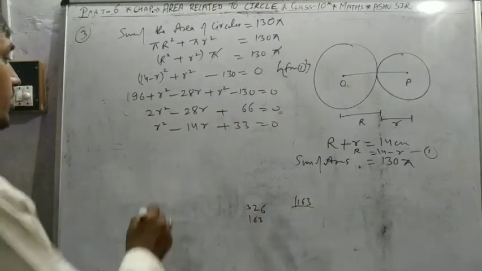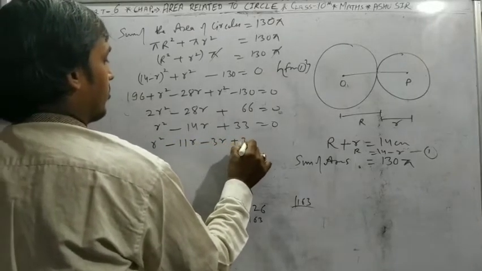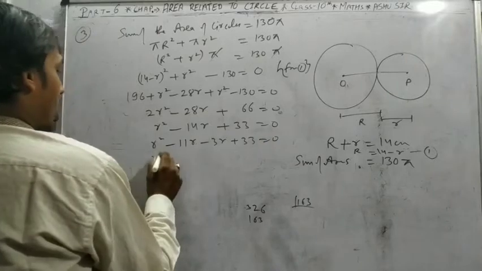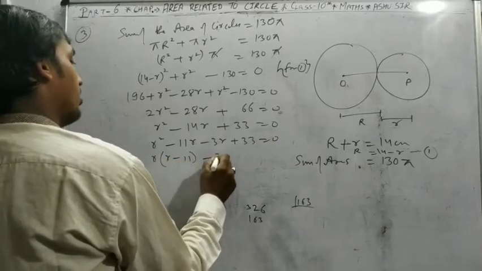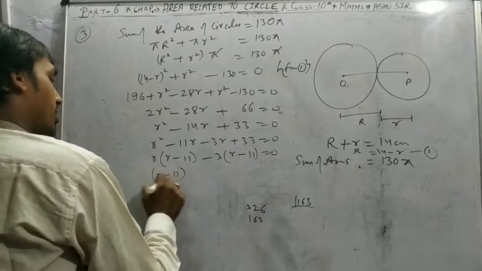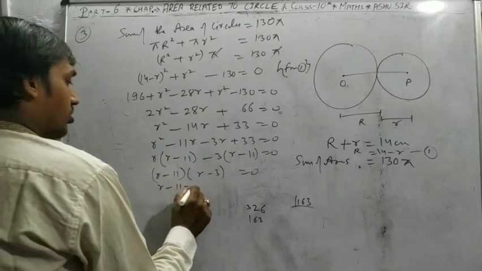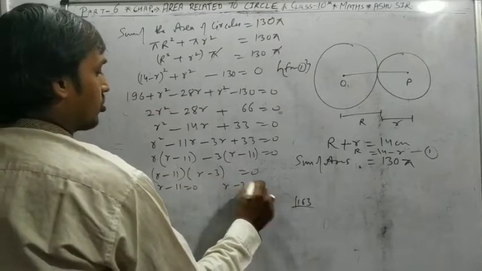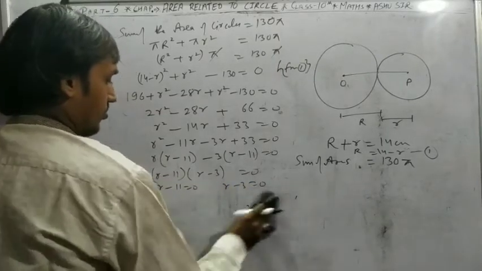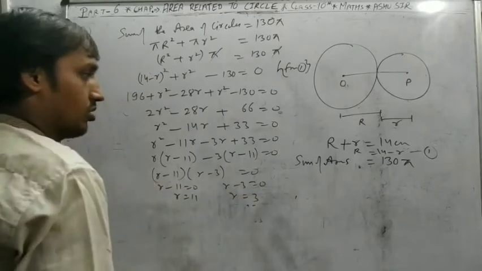Then split it, r common, r minus 11, minus 3 common, r minus 11. So r minus 11 times r minus 3 is equal to 0. r minus 11 equals 0, r minus 3 equals 0. So r is equal to 11, r is equal to 3.